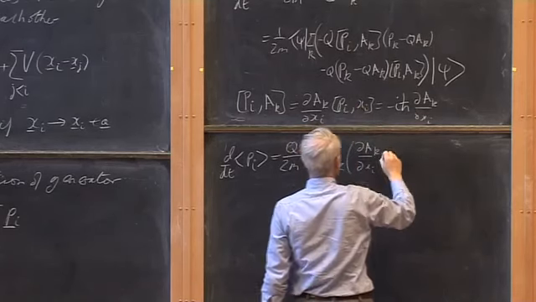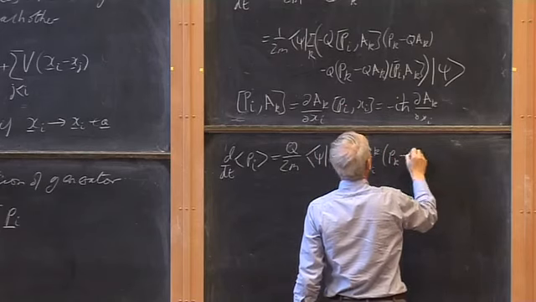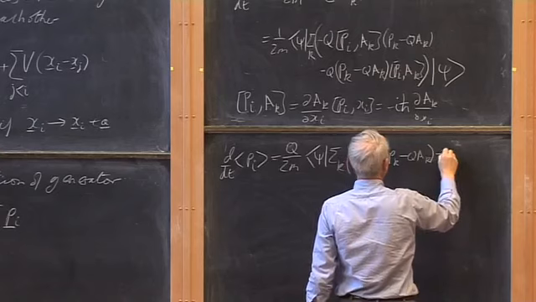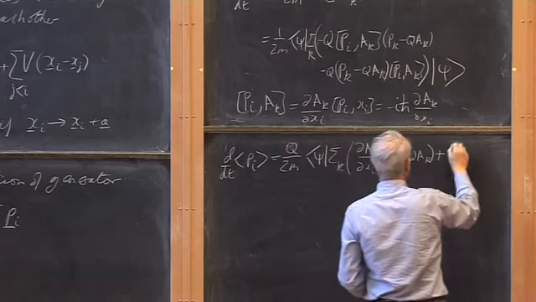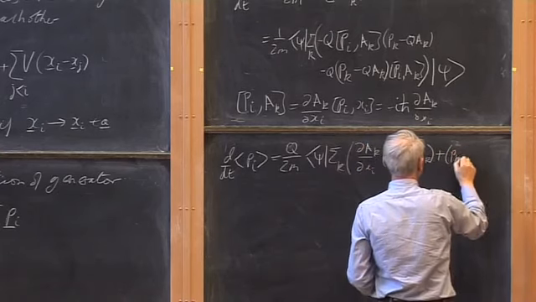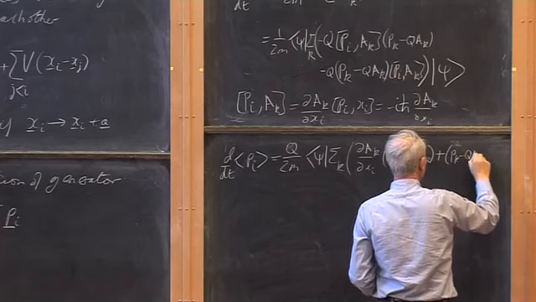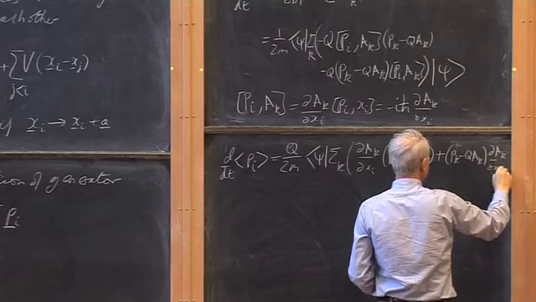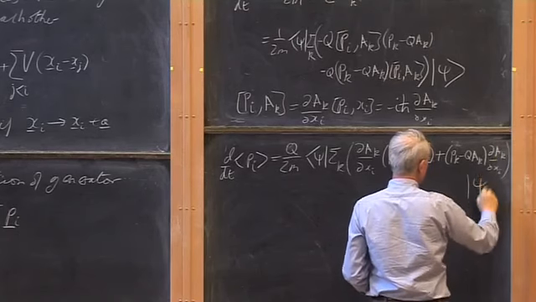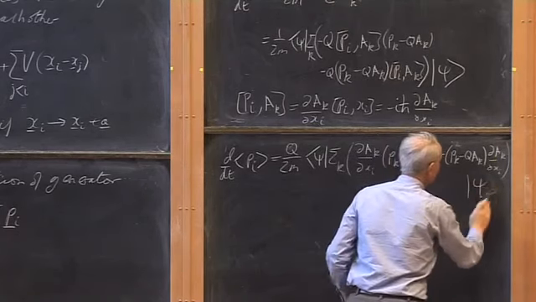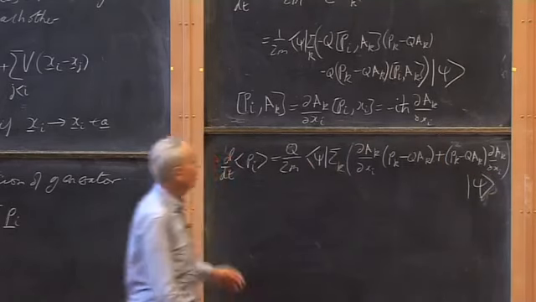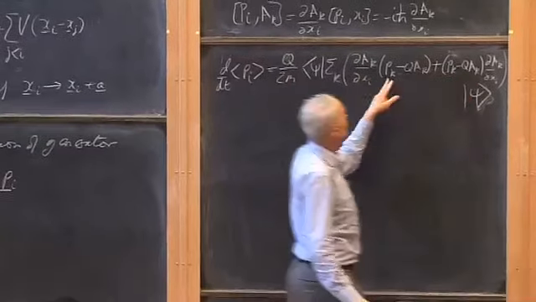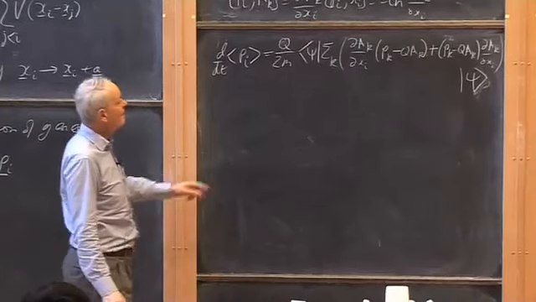Hope we've got all the factors. (p_k minus q A_k), and we're going to have essentially the same thing, but in the reverse order, (p_k minus q A_k) of dA_k by dx_i, close a big bracket and stick a matching ket psi on the outside to take the expectation value.